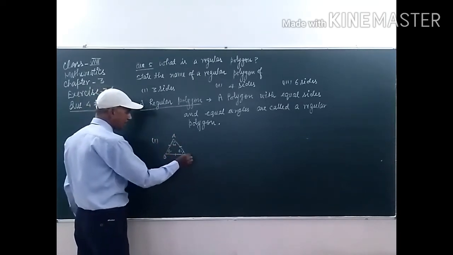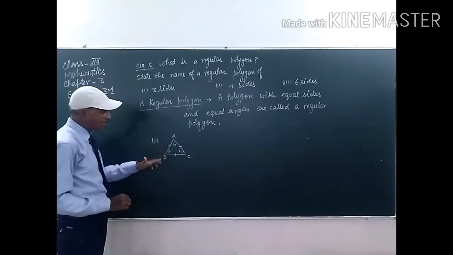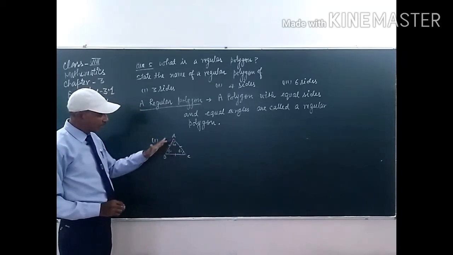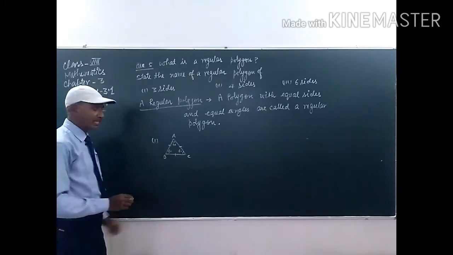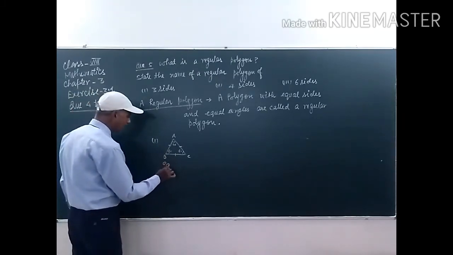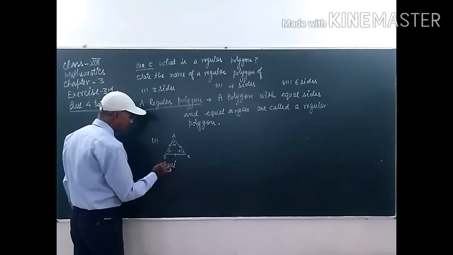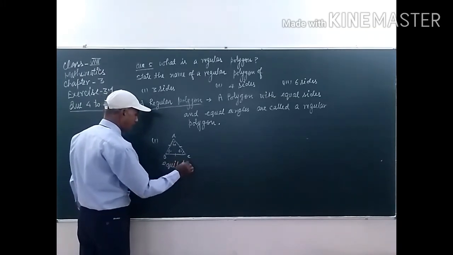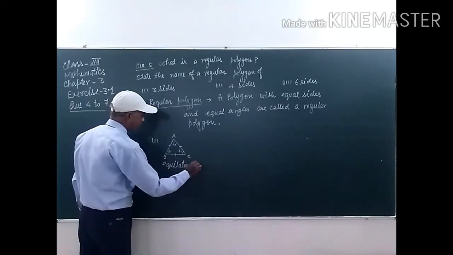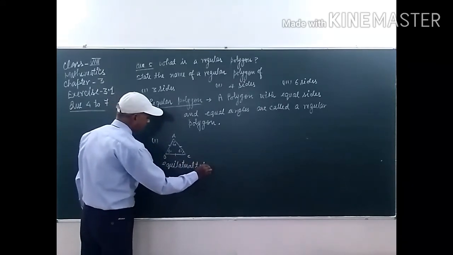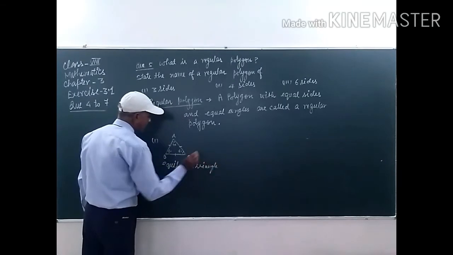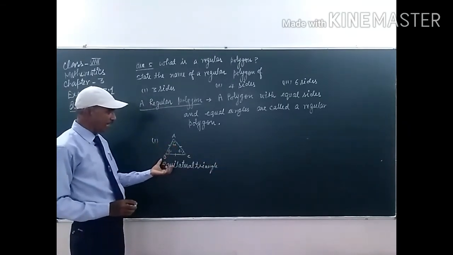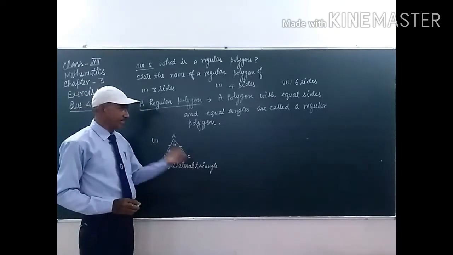A, B, C. This one is a triangle and all of its sides are equal. Therefore, it is called equilateral triangle, students. The special name of this regular polygon of three sides will be equilateral triangle.